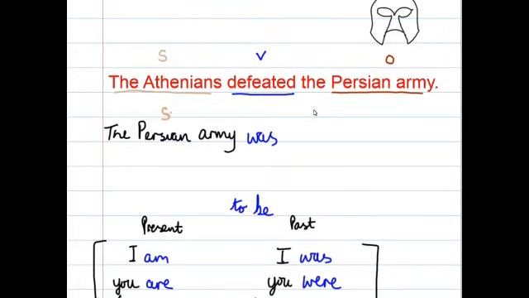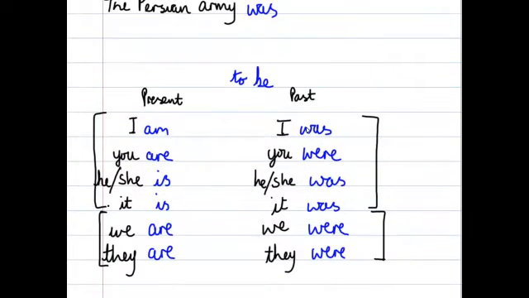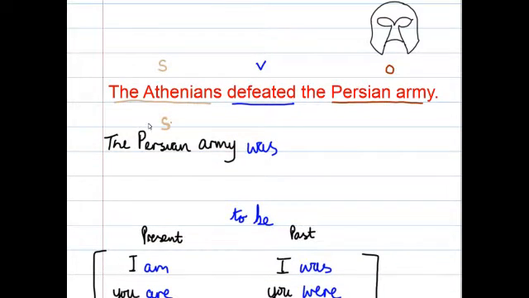So that's a rather long discussion, but it's useful to go through the verb to be. So we go back to constructing the passive voice here. We had the Persian army was, then we use the same verb that was in the sentence, but we put it in its past participle, which in this case would be defeated. Now some verbs have different past participles, but we won't go into that just yet.